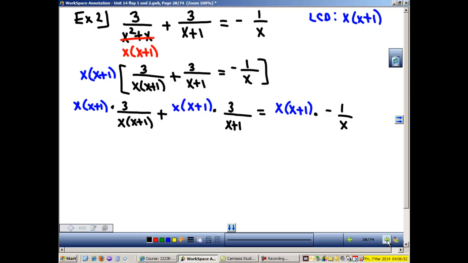In the first term, the x and the x plus 1 will reduce or cancel. This leaves just 3. In the second term, the x plus 1s will reduce or cancel, leaving 3x. And in the third term, the x's will cancel, leaving -1 times x plus 1.